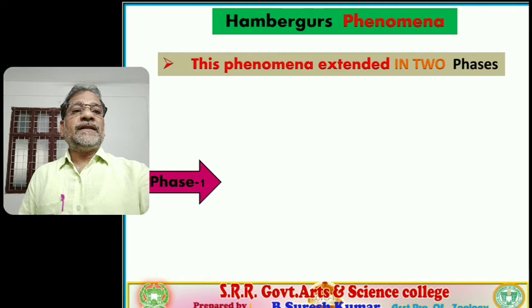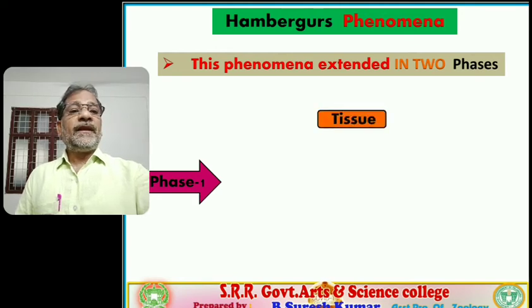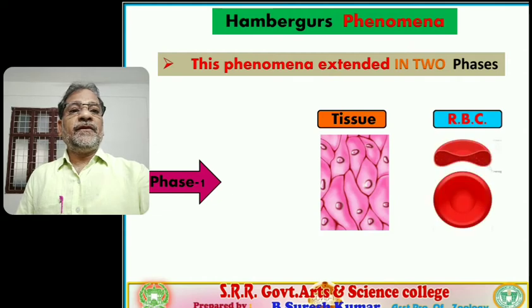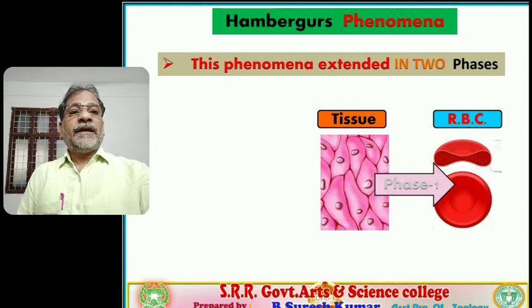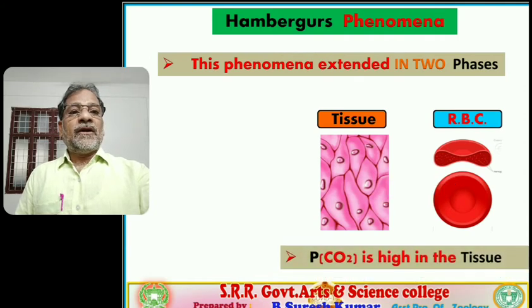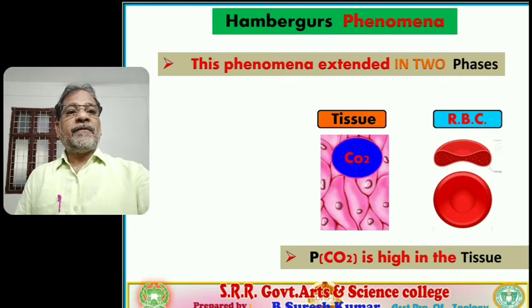So first let us see phase 1. It extends between tissue and RBC. So here, based on the partial pressure of carbon dioxide, the carbon dioxide molecules enter into RBC.